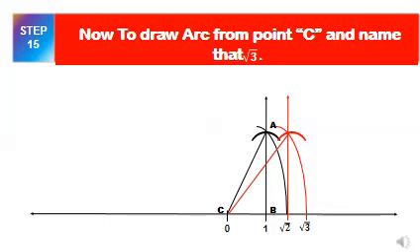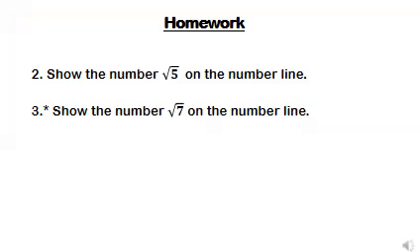After stretching up to that, we will draw an arc and we will name that arc as root 3. So students, I hope you all are clear with these steps, or the procedure which we had followed to solve this problem.